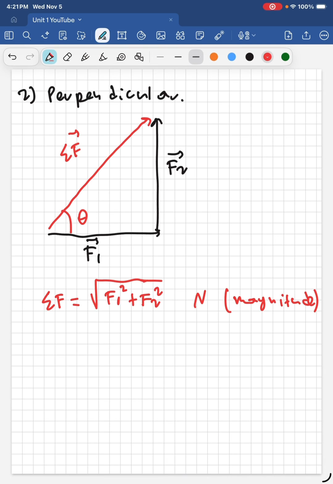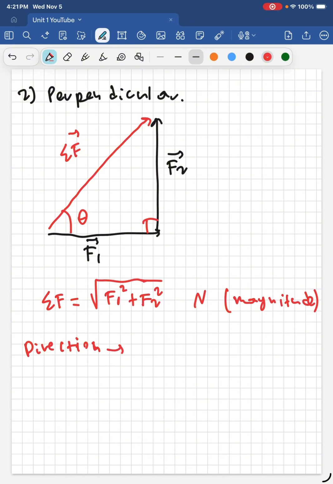And this is the Pythagorean theorem pretty much, because the two vectors are perpendicular to each other, okay? That's why we use the square root and then we sum the magnitudes, I'm sorry, not the components.